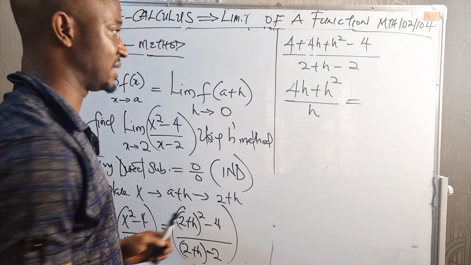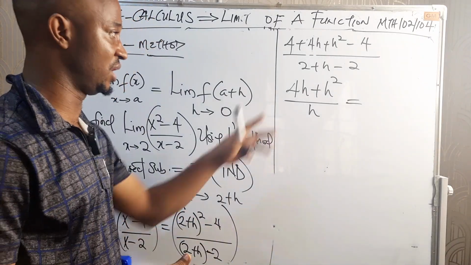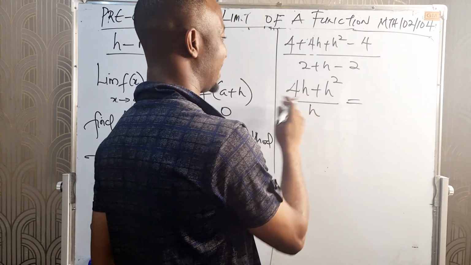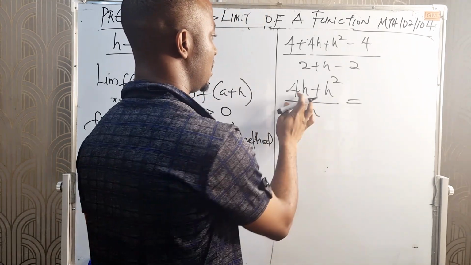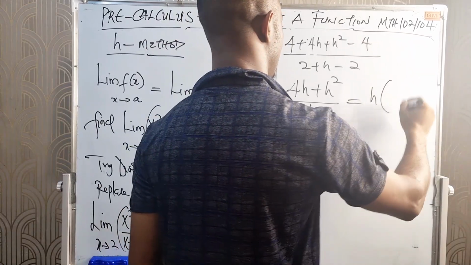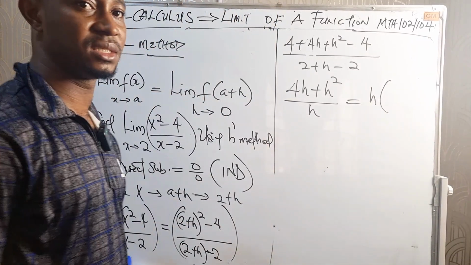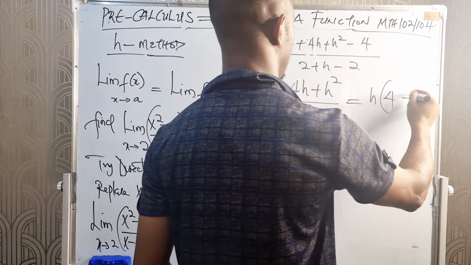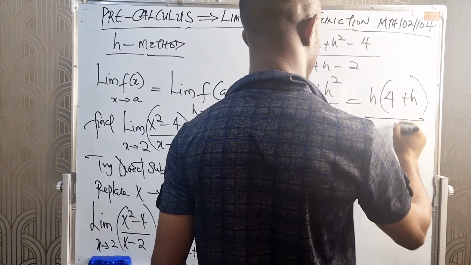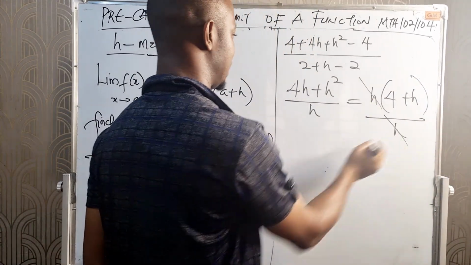One of the steps says that I have to factor out what? h. You can divide each of these terms by h, but the simplest way is to factor out h. What is common here is h. You must always factor out h. So if h is common, here becomes 4 plus h over h. So h can cancel out h from here.